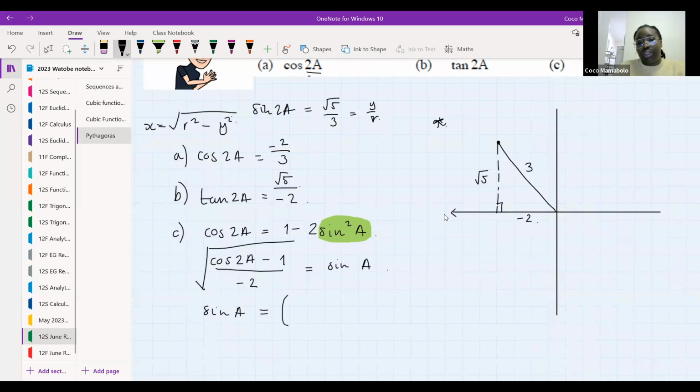That would give us -2 over 3 minus 1 over -2, the square root of all of that. It says without the use of a calculator, so we can just try and figure this out. Ooh, -5 over 3 divided by -2. Am I correct here? Yes, yes. All right.